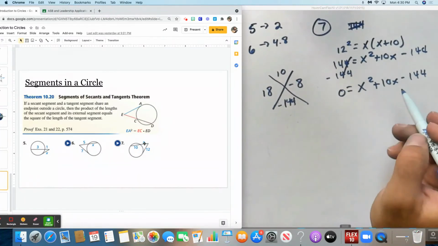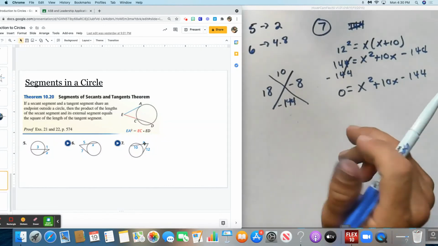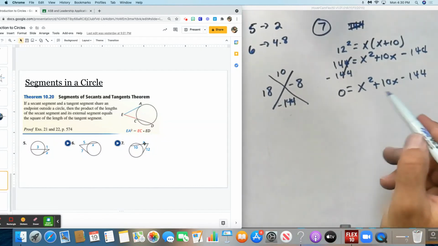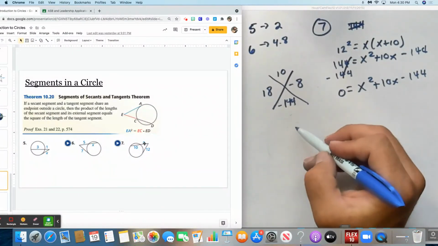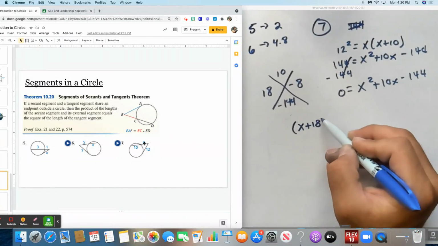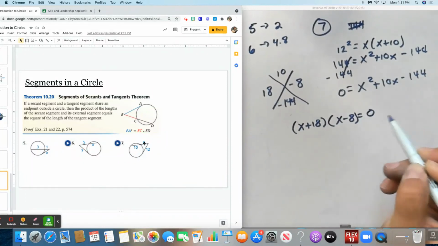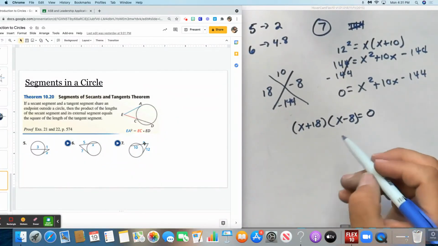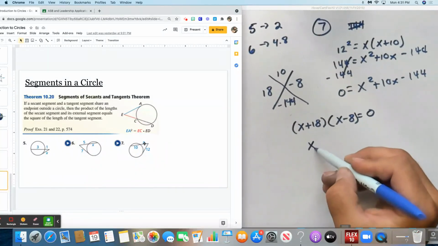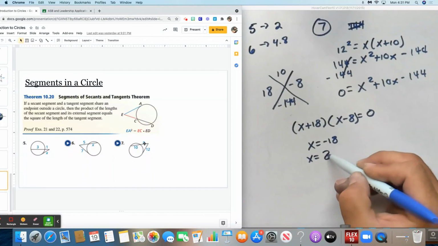Since we don't have a leading coefficient here, we don't have to do the more complicated factoring. So we can actually just look at this as our solutions here. We have x plus 18 and x minus 8 equals 0. Okay, now if we take each of these and set them equal to 0, we're going to find out that we can either have x equal to negative 18, or we can have x equal to 8.